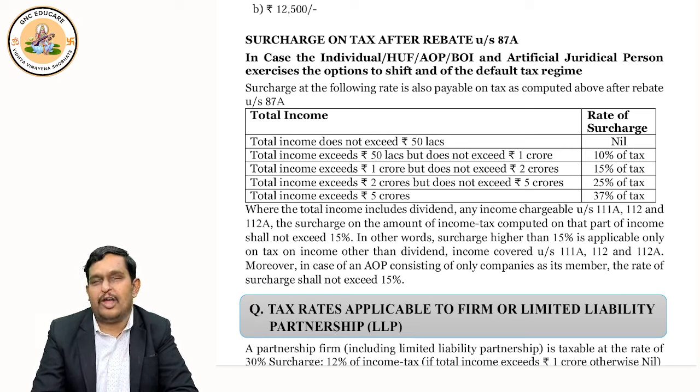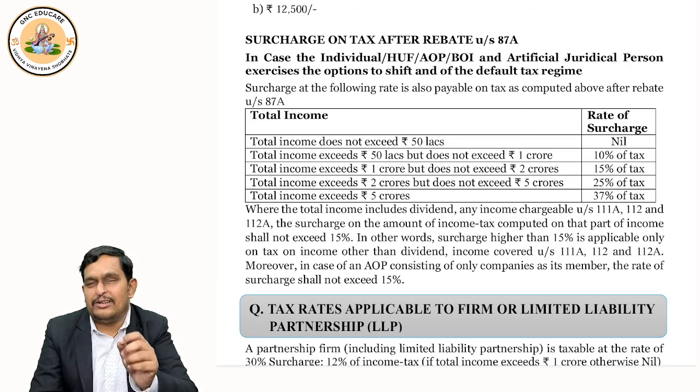Now, if such a high surcharge of 37% is imposed, obviously they will not feel good, correct? So they told the government that Indian stock markets will fall if you do like this. Then the government passed a resolution that if it is stock market income, like if you are a trader, short term, then 111A. Short-term capital gain under 111A. If you are a long-term investor, then long-term capital gain in stock markets is covered under section 112A.